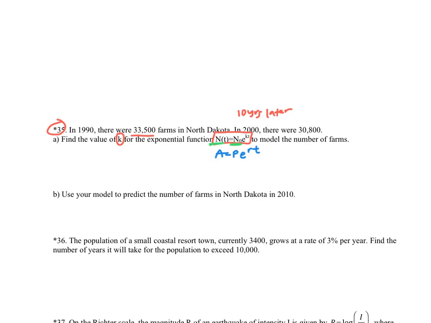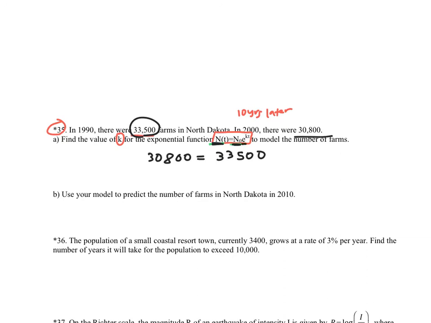So let's go ahead and plug in what we know. We have n is equal to, you started with 33,500. All right, that's your starting amount. And then for your final amount, we ended with right here, 30,800.